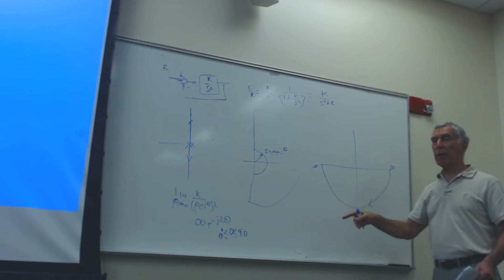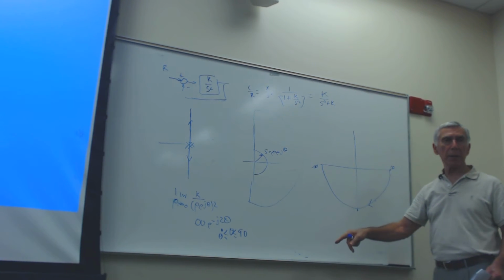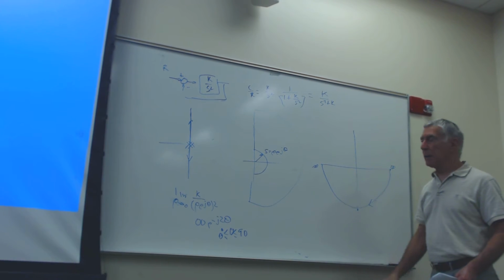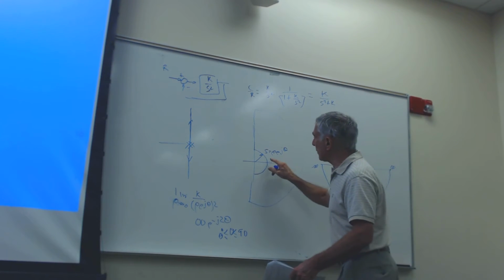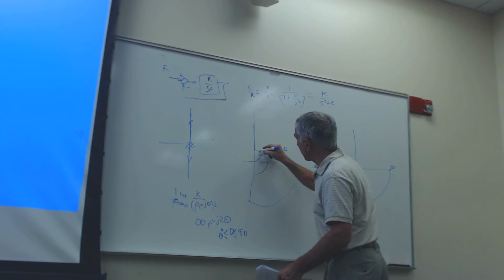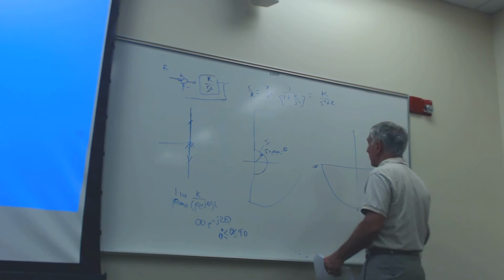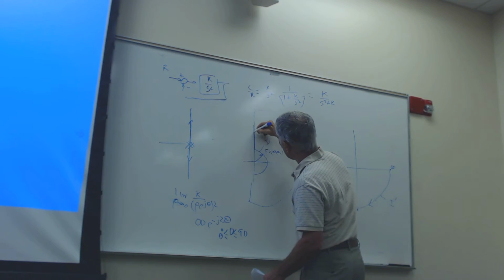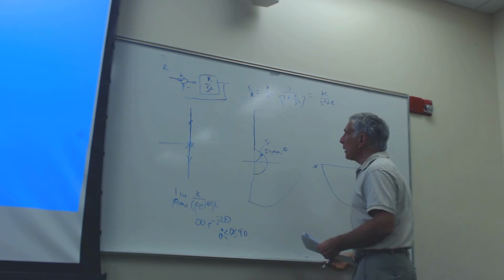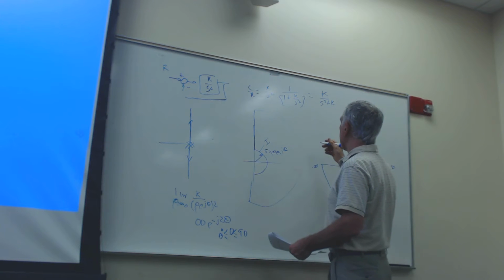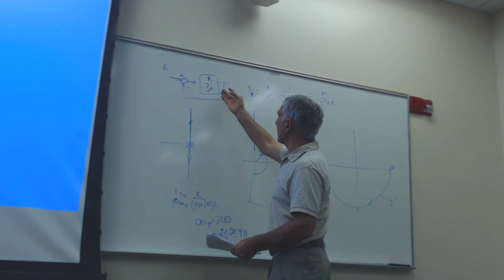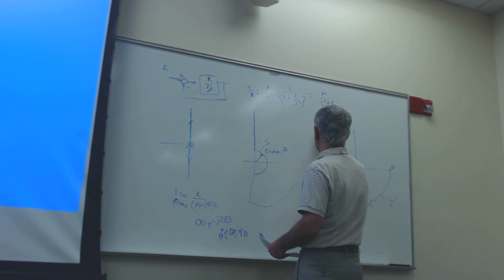Is there any problem to see that? You see that? Okay, so what we've done, we've mapped this segment here. This is segment, say, 1. This is segment 1 prime. Now you go up the j omega axis. And going up the j omega axis, now we're talking about this here.